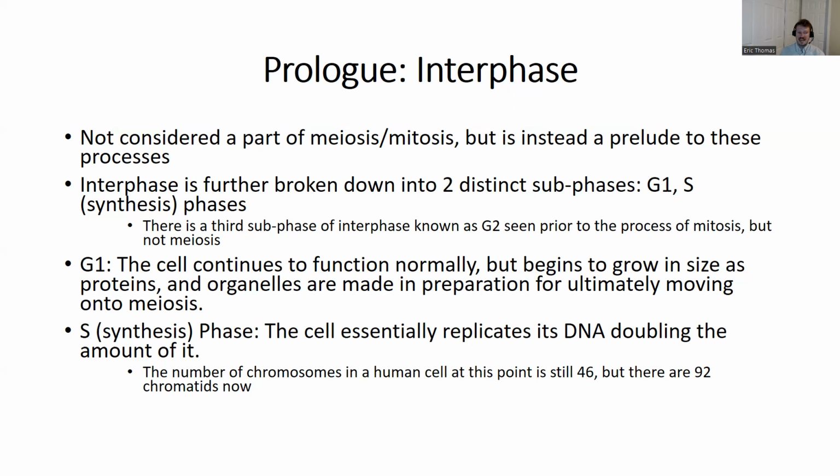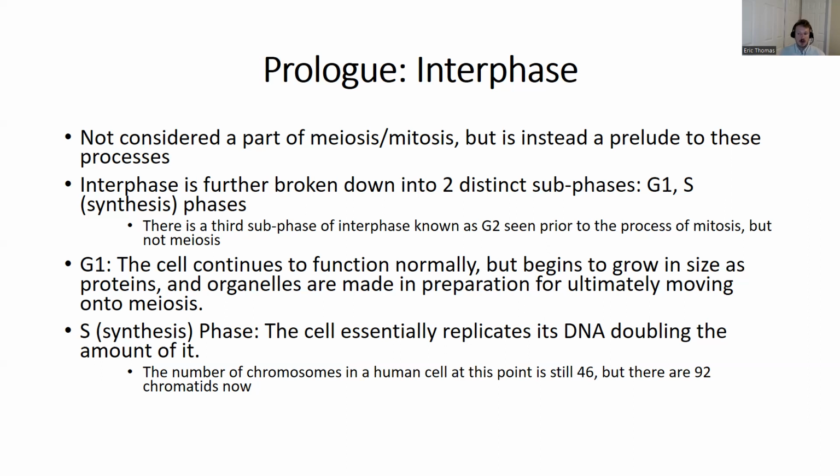So in a cell that's going to go through the process of meiosis, a normal human cell, even after it completes the S phase, and this can be a little bit confusing for people to understand, because we're saying broadly speaking, in S phase the DNA is replicating, it's doubling, but the number of chromosomes doesn't actually change at this point. So a standard human cell has 46 chromosomes in it.